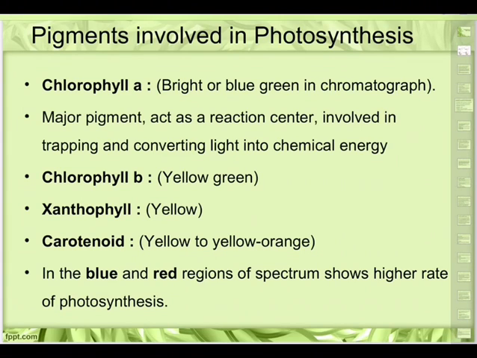And for photosynthesis to take place, we require raw materials. The raw materials needed are, first, CO2, carbon dioxide. In land plants, carbon dioxide is obtained from the atmosphere through special structures called stomata, all of you know.